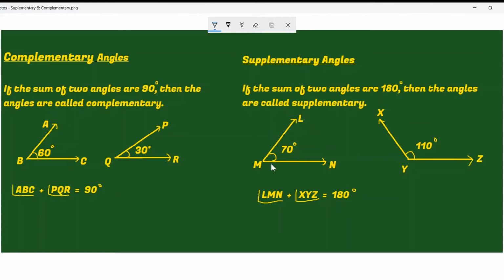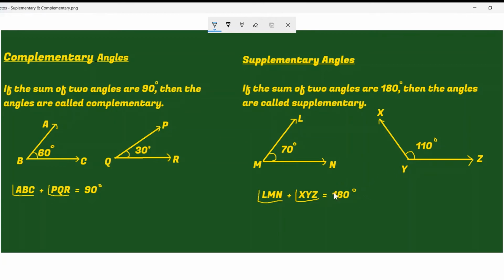Here I have taken two angles, LMN which is 70 degrees, and XYZ which is 110 degrees. I am going to add these two angles, angle LMN plus angle XYZ, 70 plus 110, which is 180 degrees.